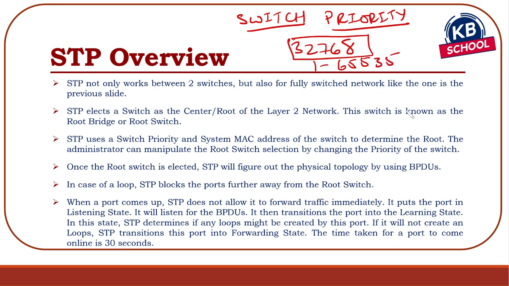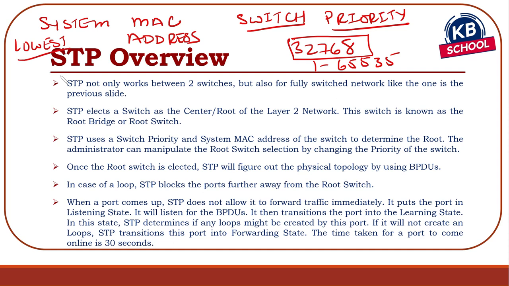But if you don't change the switch priority of any of the switches, the tiebreaker again is the system MAC address. Remember earlier on in this video, I told you that every switch has a MAC address assigned not only to your ports, but also to the switch itself, called the system MAC address. The lowest system MAC address is the tiebreaker in case the switch priorities are the same.